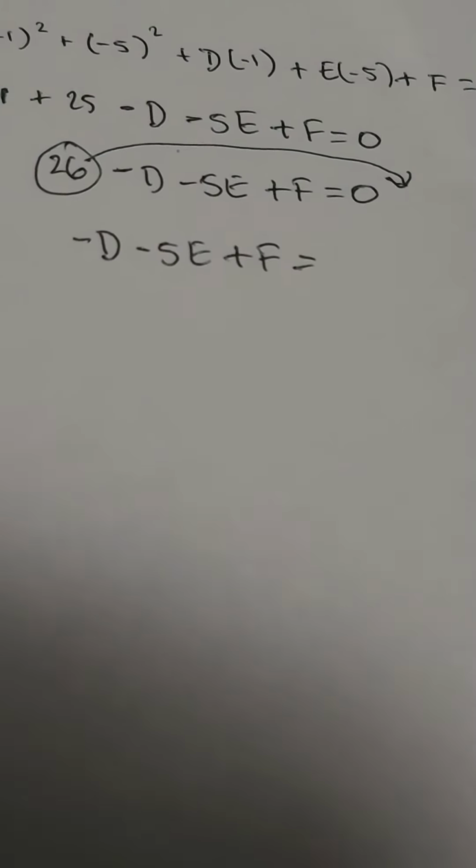So that's 1 plus 25 minus d minus 5e plus f equals 0. So 26 minus d minus 5e plus f equals 0. Pass 26 to the other side, and we get negative d minus 5e plus f equals negative 26.